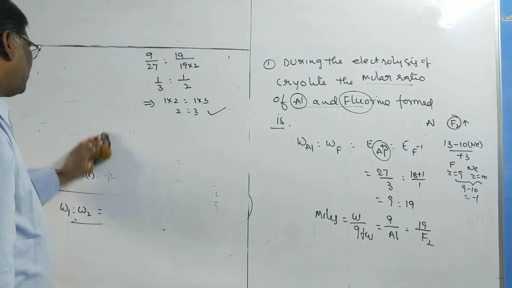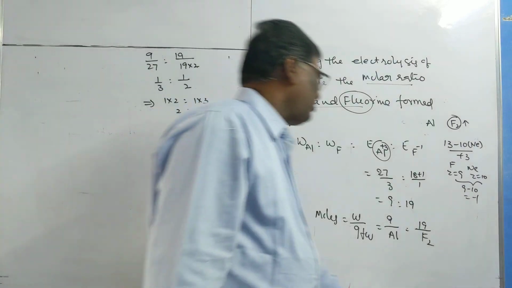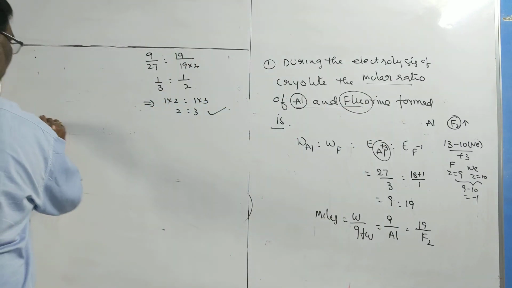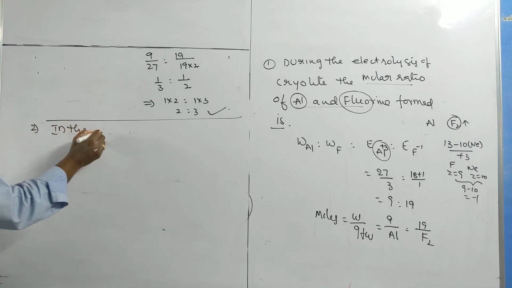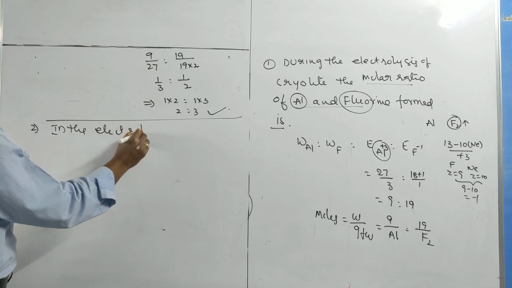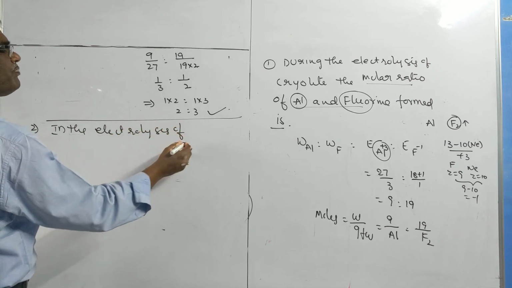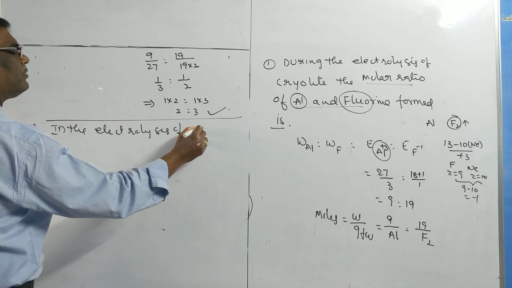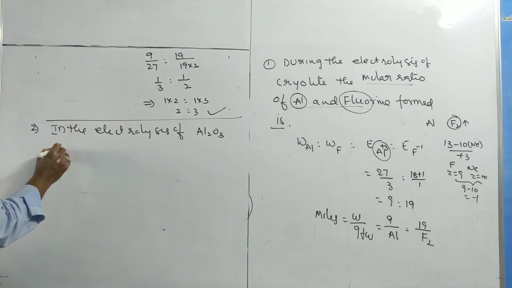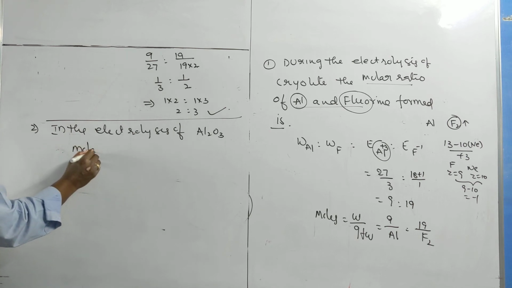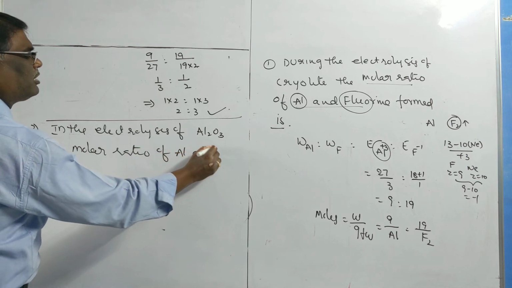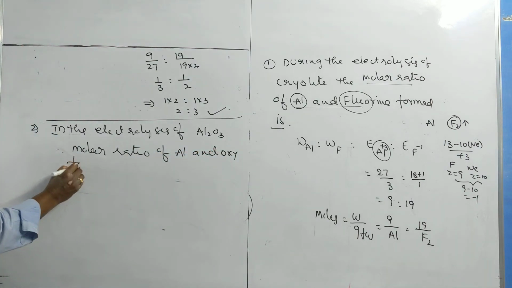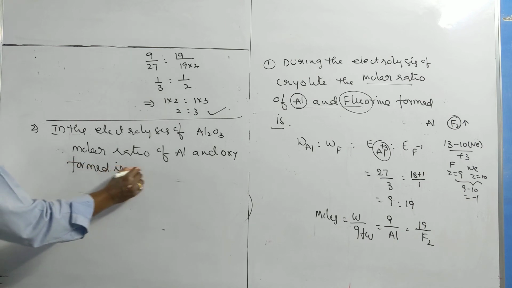Okay. The next problem is a similar problem we are going to discuss. That is the second problem: in the electrolysis of Al2O3, the molar ratio of aluminum and oxygen formed is dash.